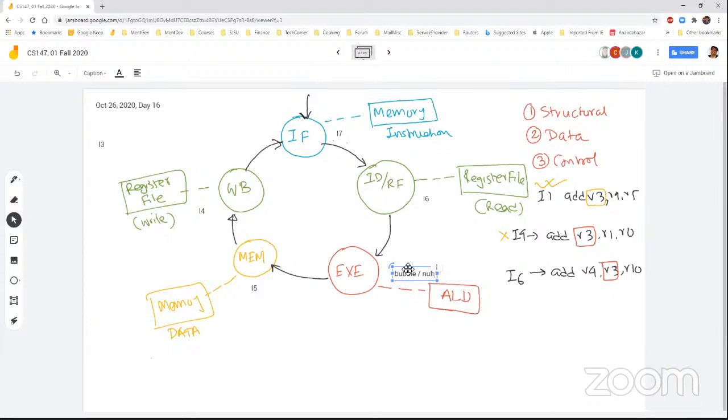This is called inserting a bubble in the pipeline. Once I4 is done, then I5 is sent here, then I6 is sent here, I7 is sent there, and I8 is fetched from the memory.